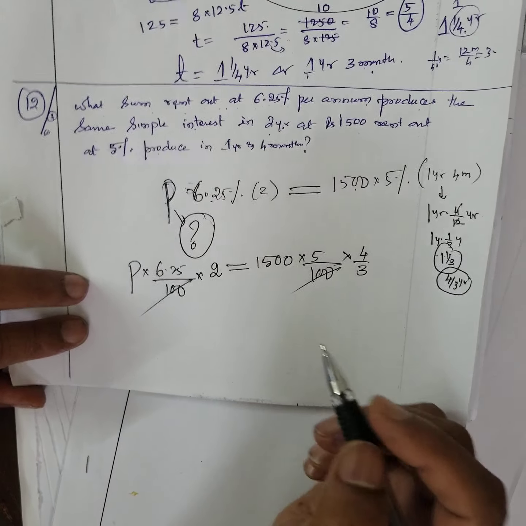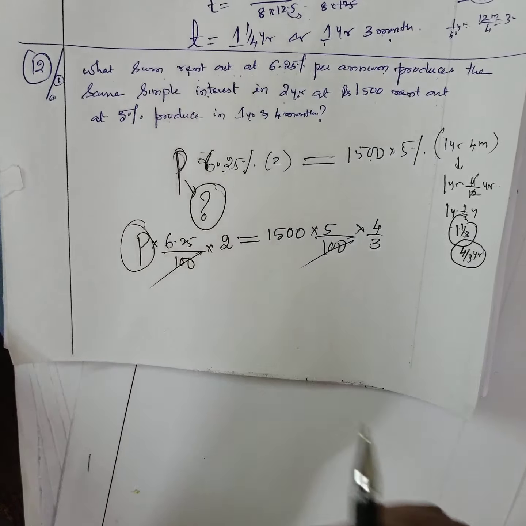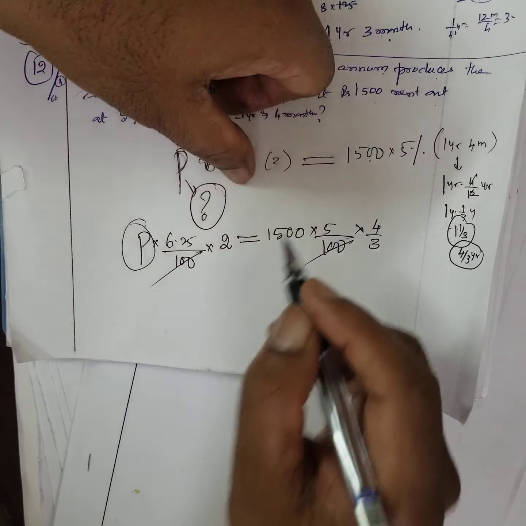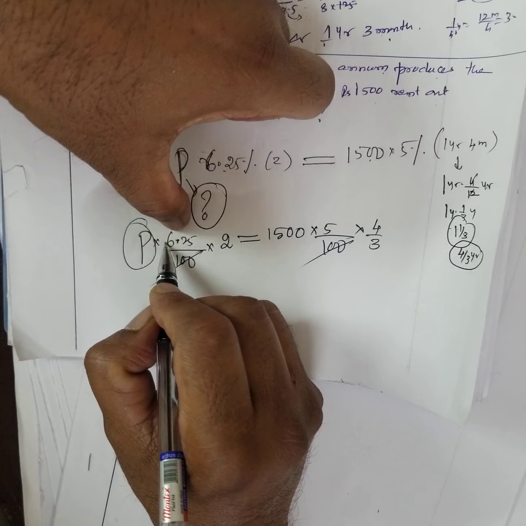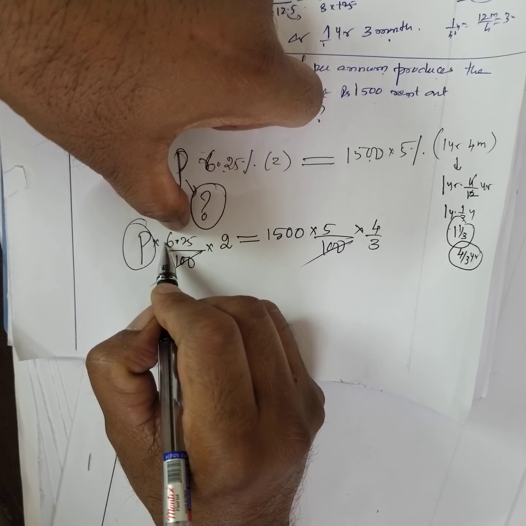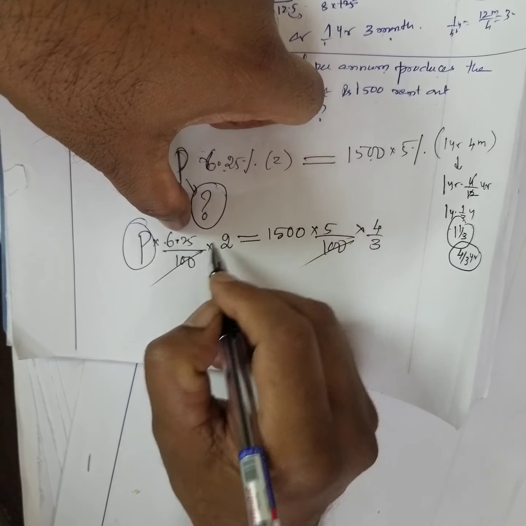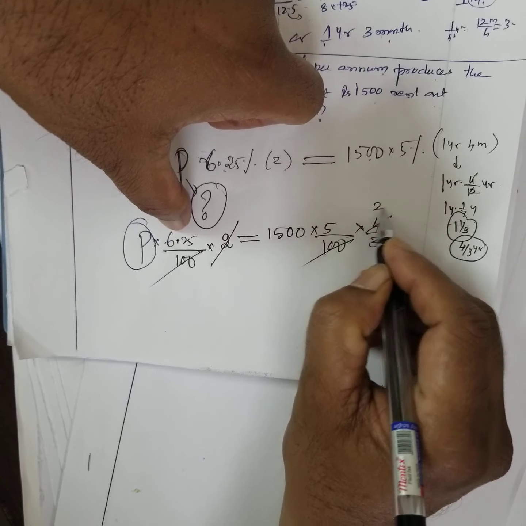This 100 gets cancelled. Now we have to calculate P. Here the 2 and 2 get cancelled.